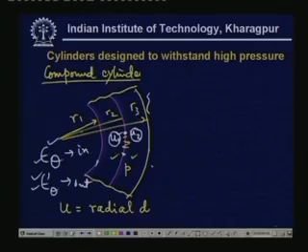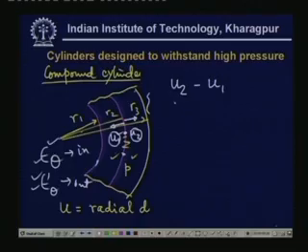Once we calculate that, the following relation is used: u2, that is the radial displacement of the outer cylinder, minus u1. Why minus? Because there will be a compression in the inner cylinder. So, the inner cylinder will try to go in, whereas the outer cylinder will try to go out.